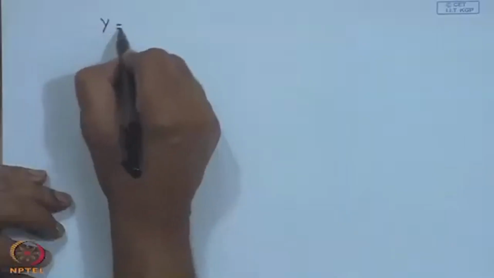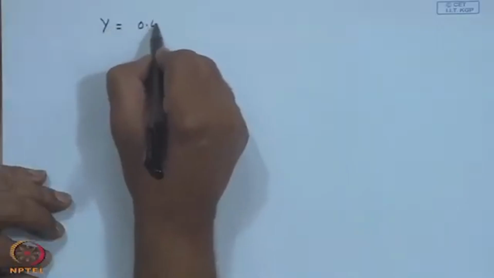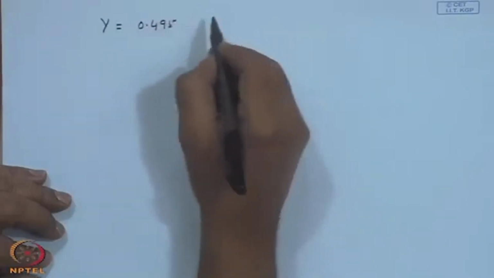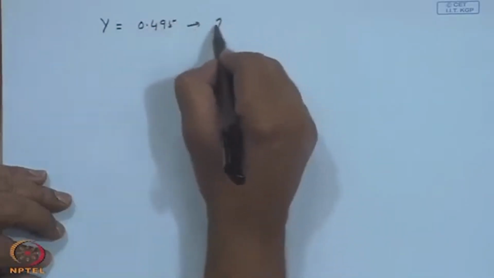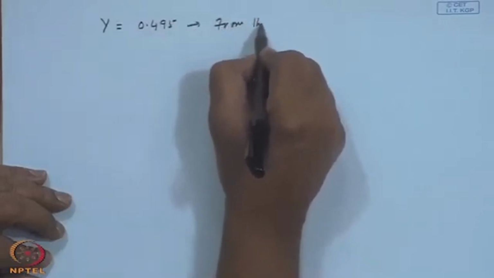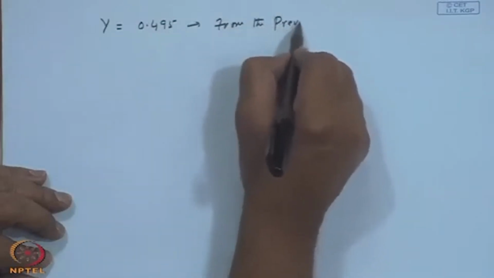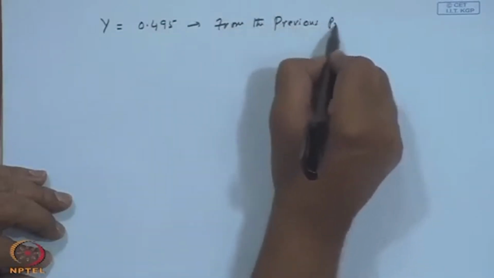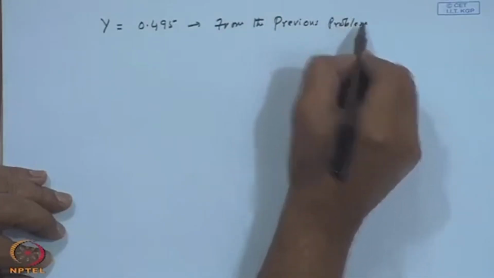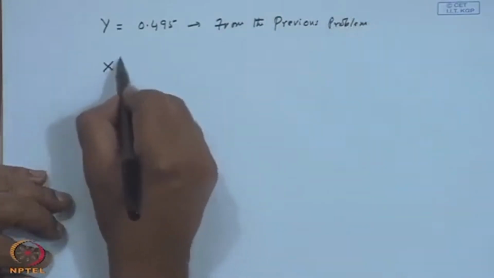Now, I need y equal to 0.495 from the previous problem. And now, I need x dashed.